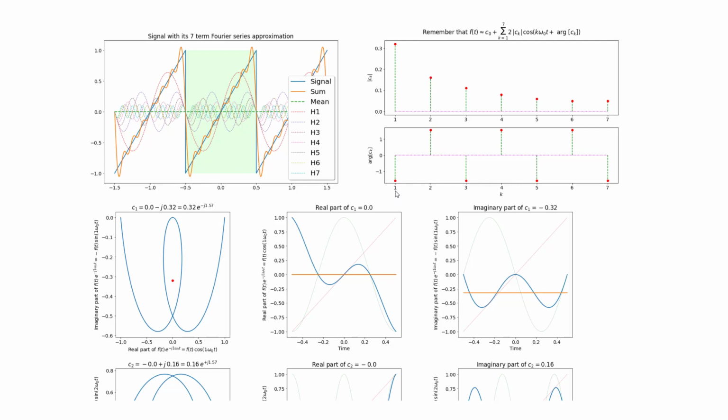K equal to 1 is the fundamental frequency, and then if k increases, you have harmonic 2, 3, and so on. What you see represented in this graph over here is the modulus of ck, and here the argument of ck. And we have just computed it. The modulus is 0.32, you can see it over here, and the argument is minus pi over 2.